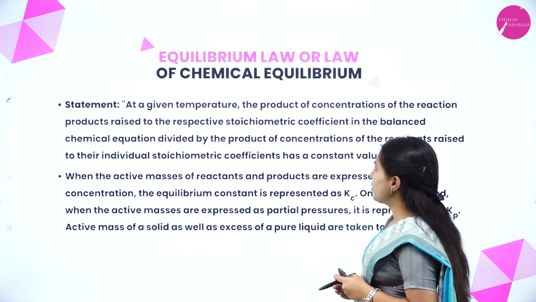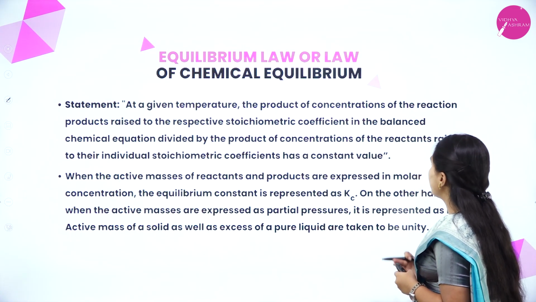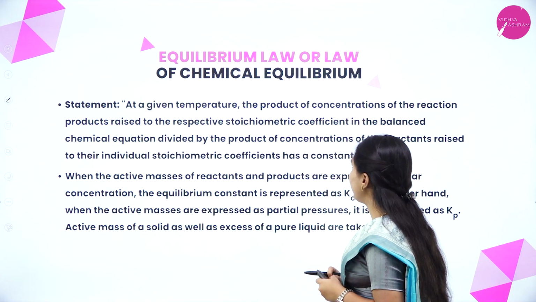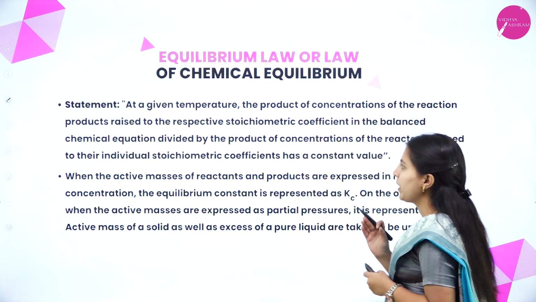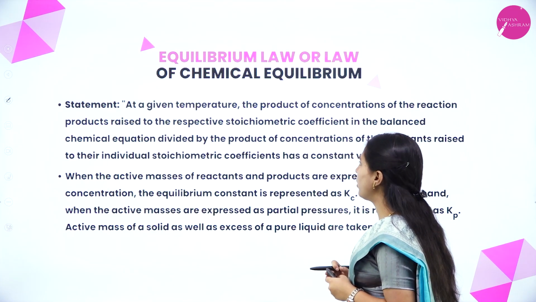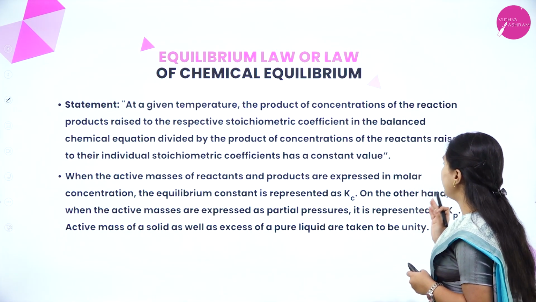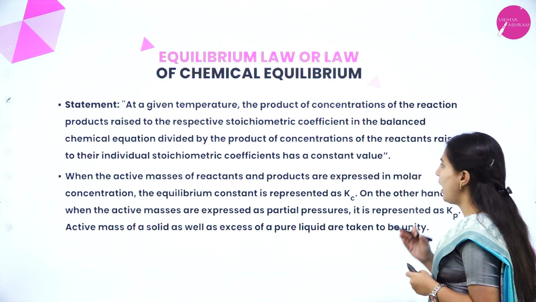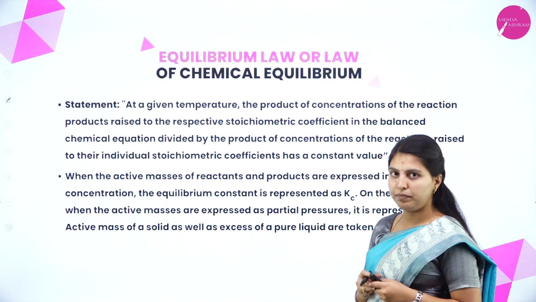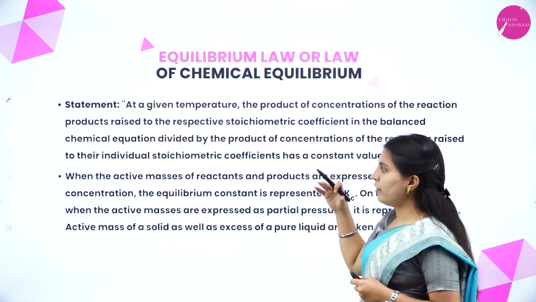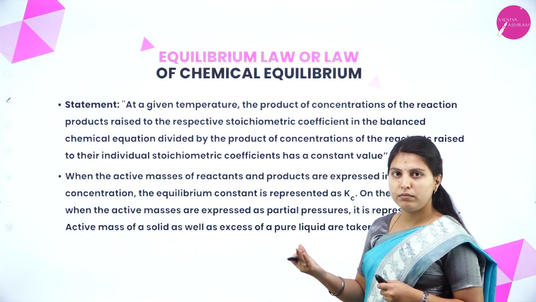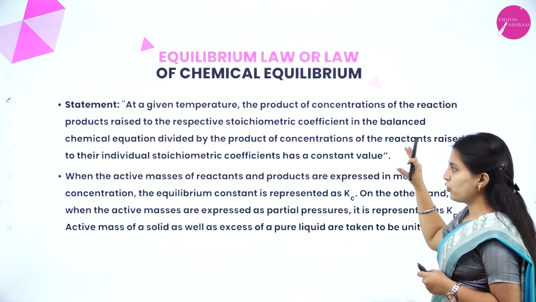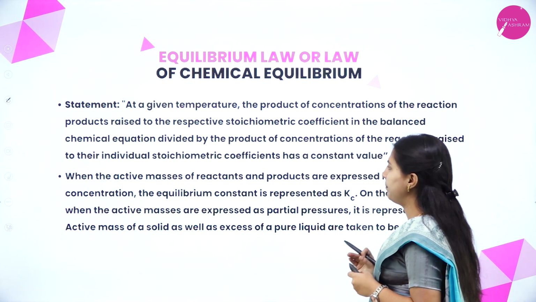At a given temperature, the product of concentrations of the reaction products raised to the respective stoichiometric coefficients in the balanced chemical equation divided by the product of concentrations of the reactants raised to their individual stoichiometric coefficients has a constant value. Okay. After analyzing the points and examples we explained before, this is the statement.